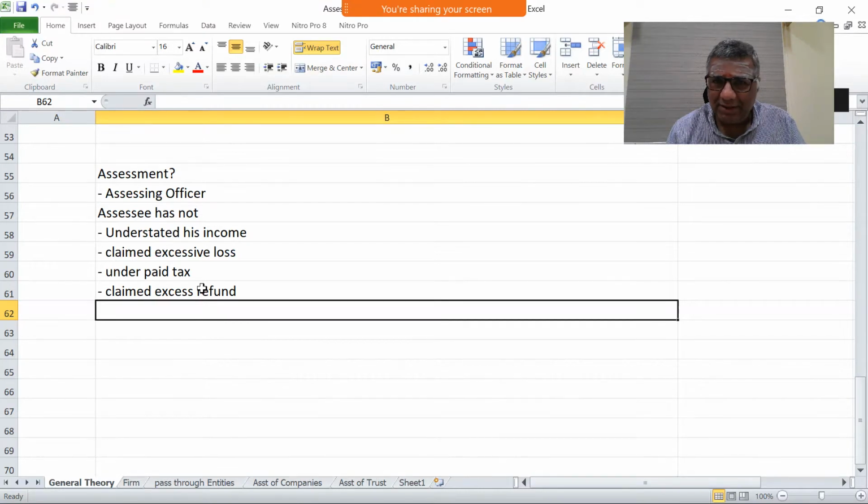Shall we repeat together? What is assessment? The assessing officer ensures that the assessee has not understated his income, claimed excessive losses, underpaid his taxes, or claimed excessive refund.